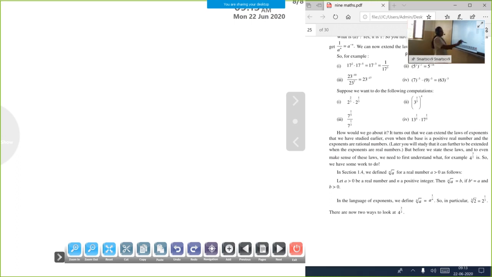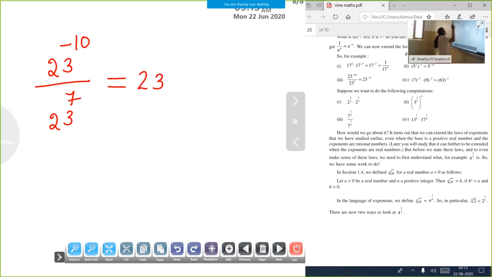Then next one: 23 raised to minus 10 divided by 23 raised to 7. Okay, then next step. Here also it is division. We need to subtract the powers. So first step is 23 raised to a raised to m minus n: minus 10 minus, what is the next number?